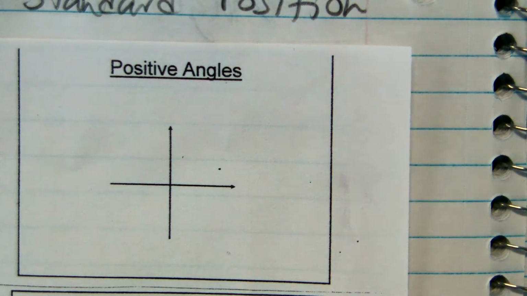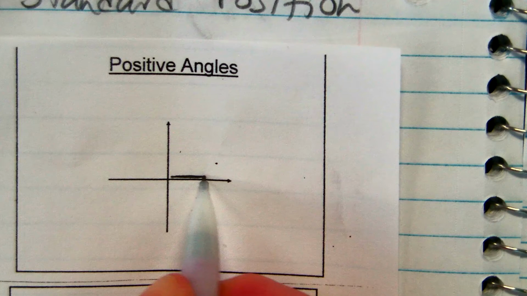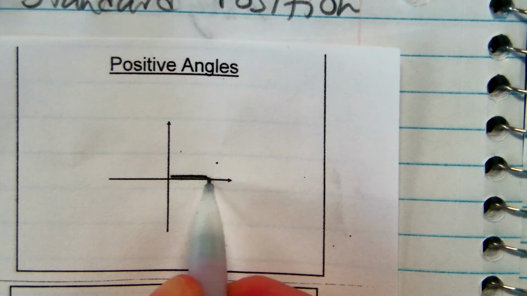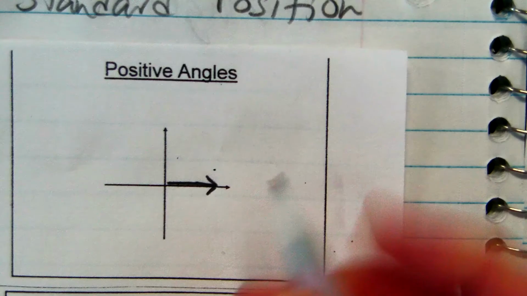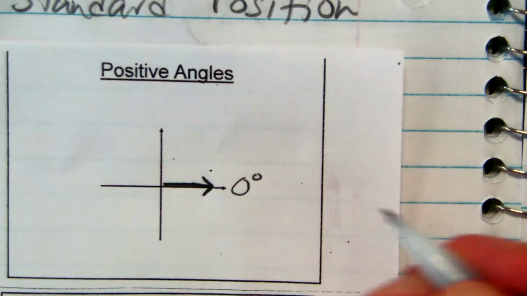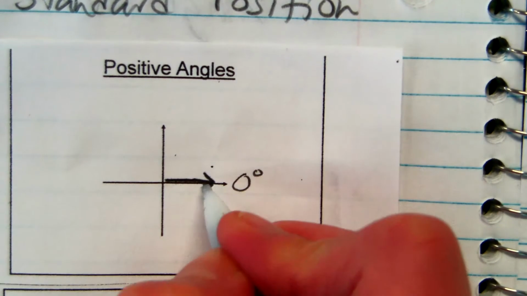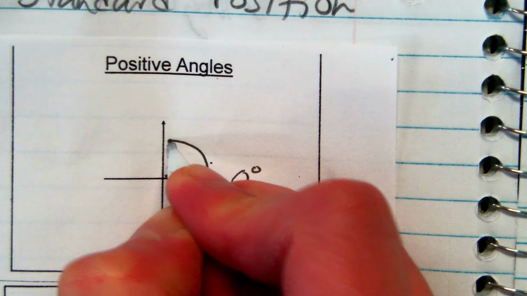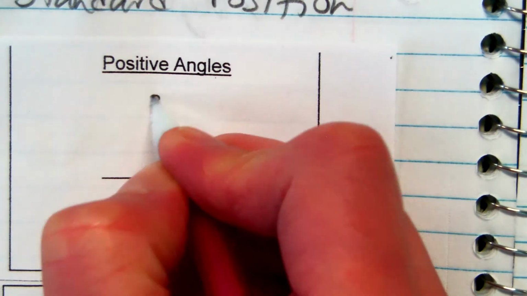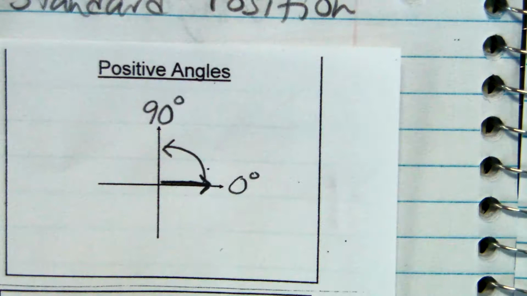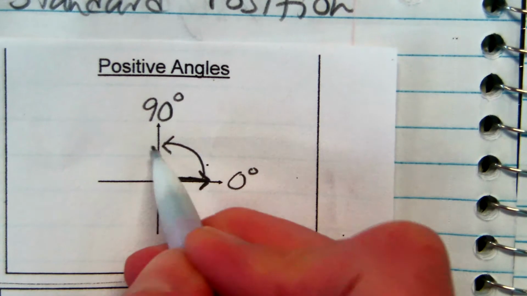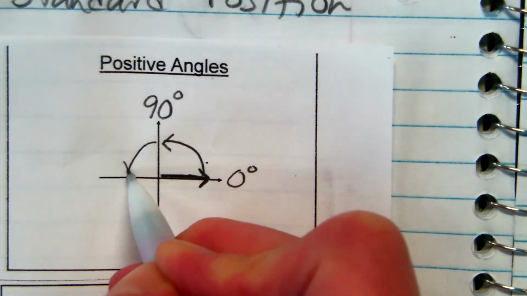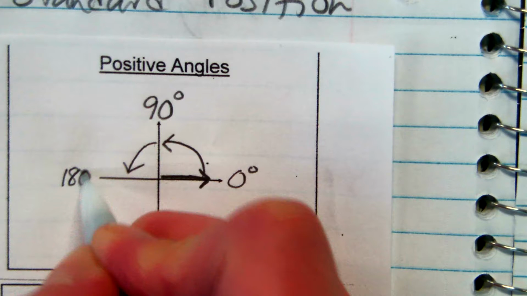If we're talking about positive angles, because your initial side is always here, this is our starting point, this is going to be 0 degrees. If I turn this far, that's a right angle, and I have positive 90 degrees. If I turn another 90 degrees, I get 180 degrees.